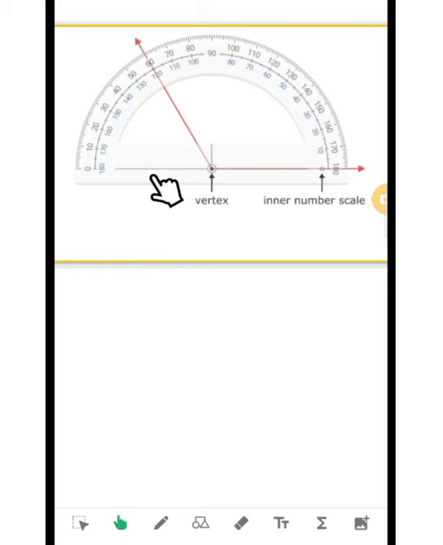So we have to place the protractor so that the center point coincides with the vertex. Then the baseline, this is the baseline I said, coincides with one of the rays. Okay. Next, step 2.